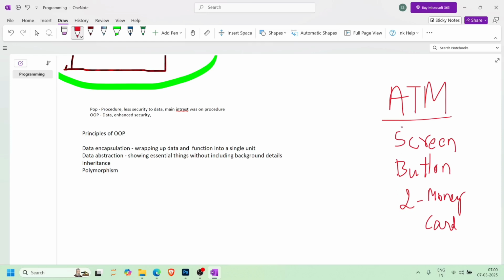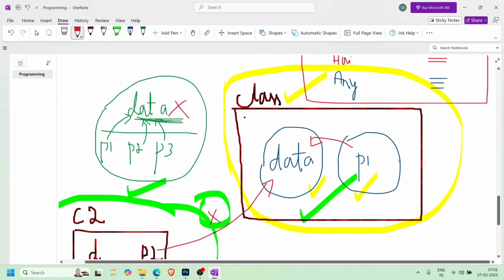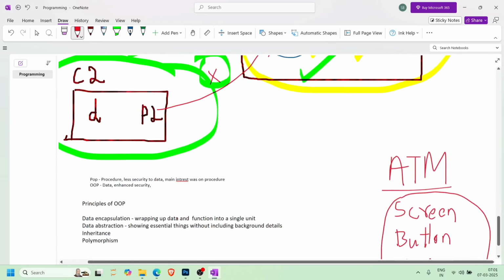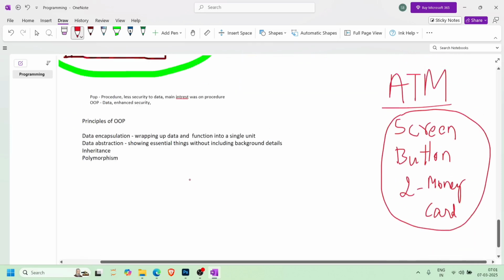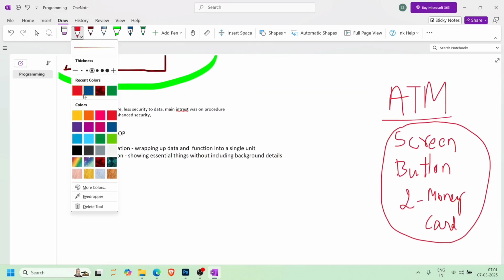Only these items will be shown. How the money comes, where the money is present, how money is calculated, all those things are not shown to me. So what is happening here? Data is abstracted. Some concepts are abstracted by the ATM machine. In the same way, in Java programming also, some part is hidden and some part is shown to the users. That is called data abstraction.